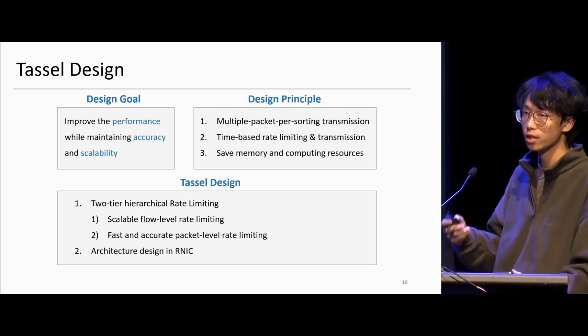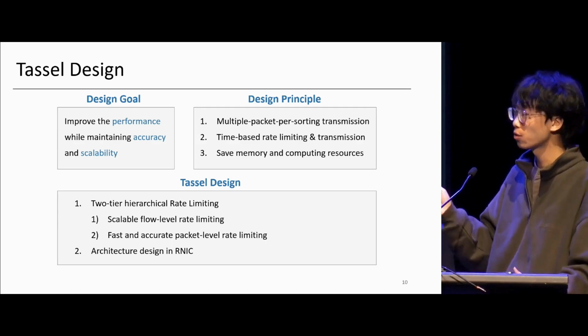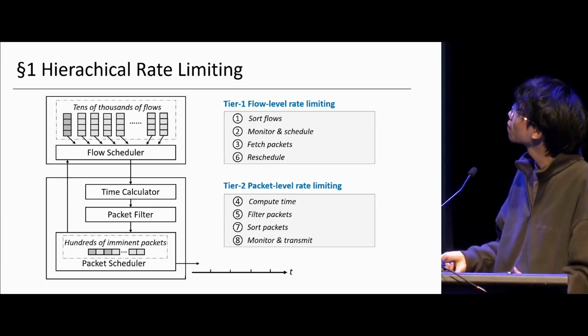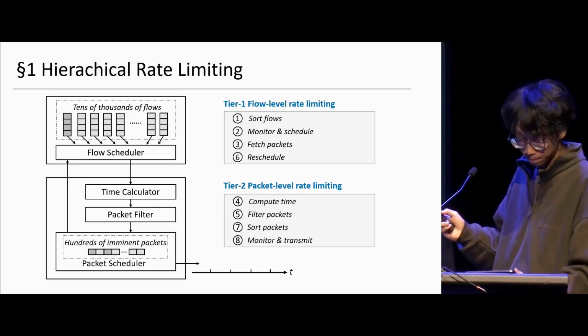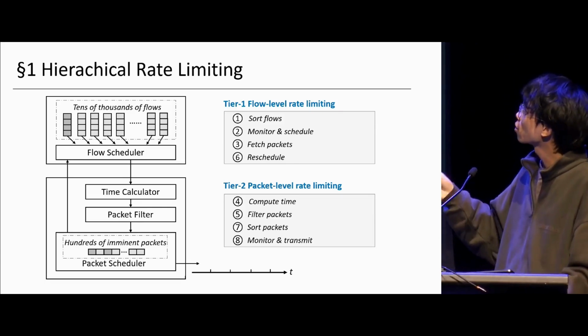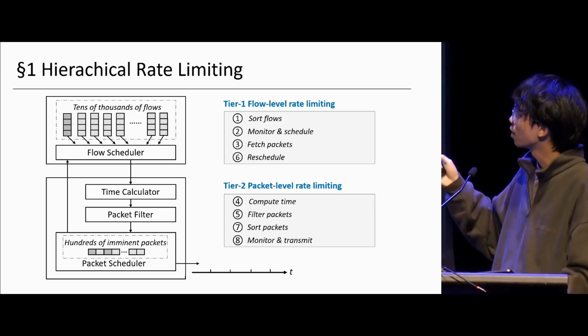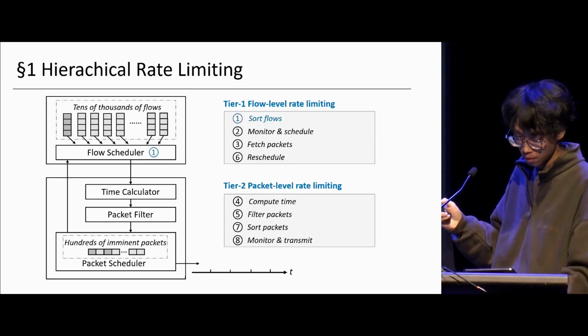We then integrate Tensor into the RNIC's architecture by replacing the original QP scheduler module. As shown in this figure, Tensor's hierarchical design consists of the flow level rate limiting and packet level rate limiting. And here is the workflow. First, sort flows.